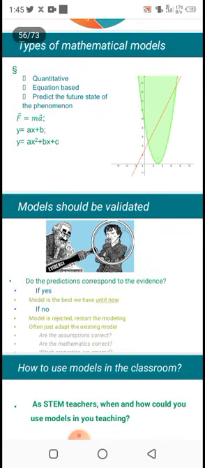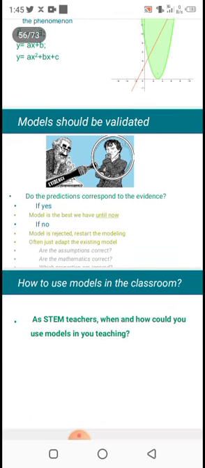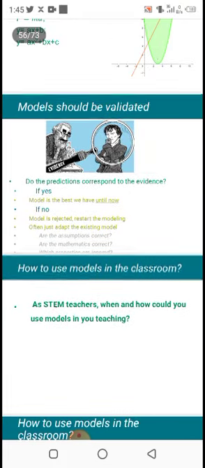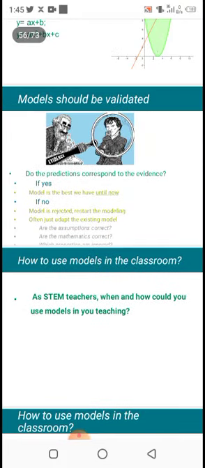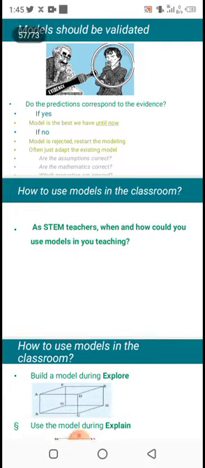Do the predictions correspond to the evidence? If yes, the model is the best we have until now. If no, the model is rejected. Instead of modeling, often just adapt an existing model. How to use models in the classroom.